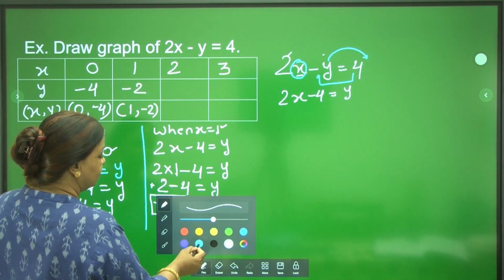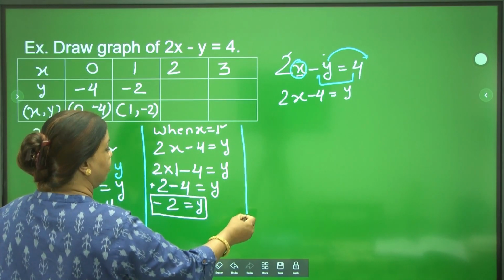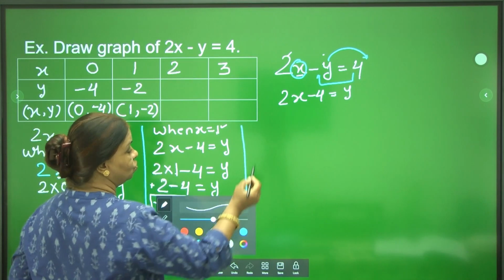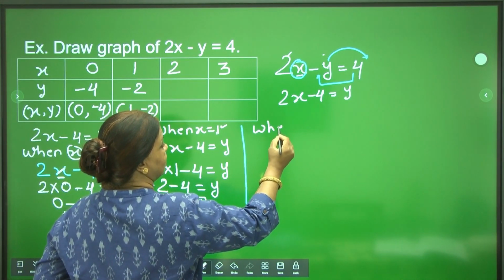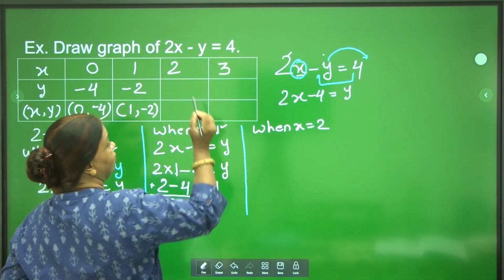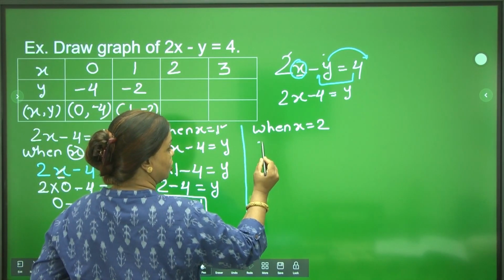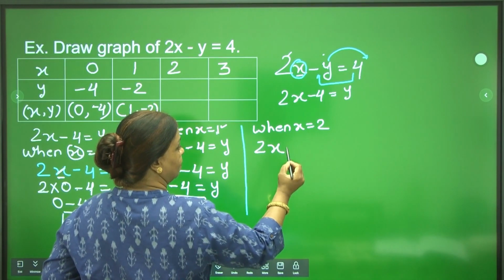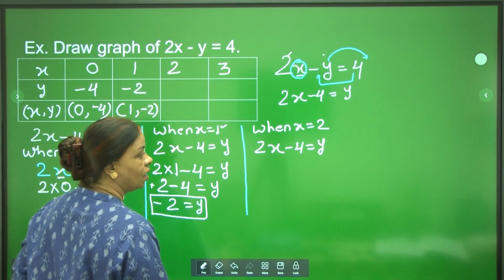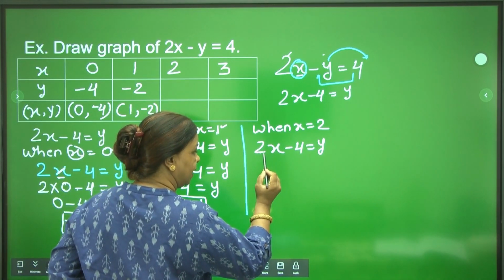Now the third value of x is 2. So when x is 2, what will be your y value? My equation is 2x minus 4 is equal to y, and here these two are multiplied.